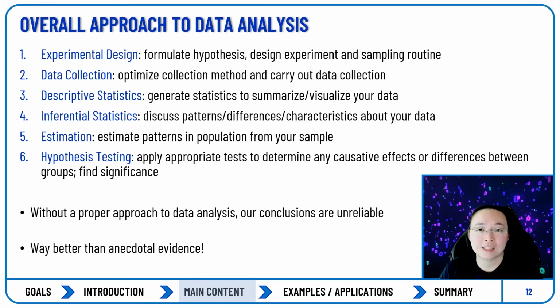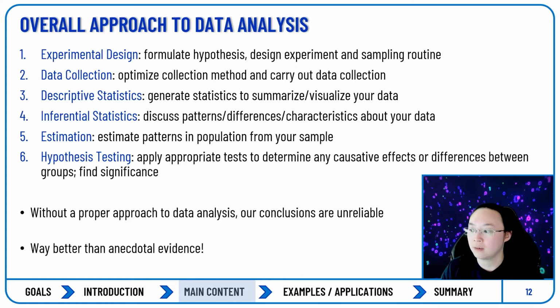The last part is hypothesis testing. So once you have all of your data and you're able to describe it and model it properly, you can test it through hypothesis testing. So we can apply different statistical tests to determine any causative effects or differences between groups and find significance through our test.